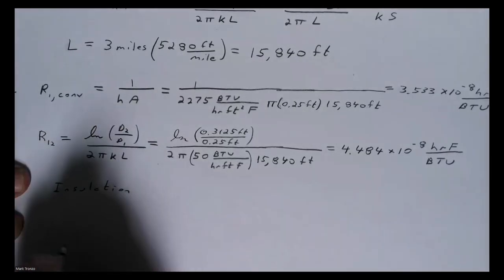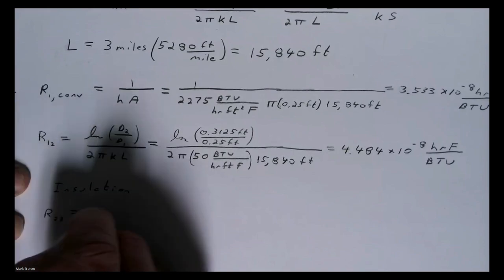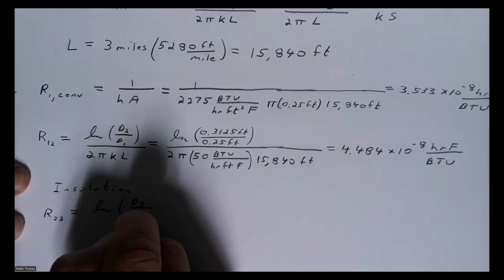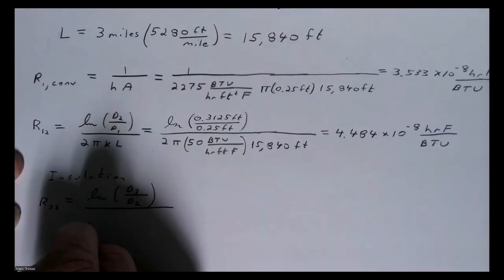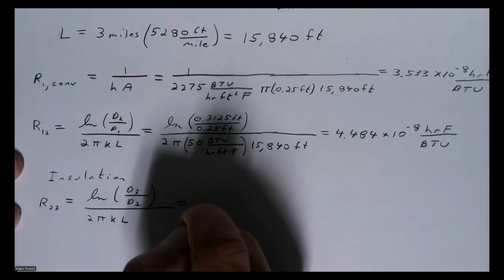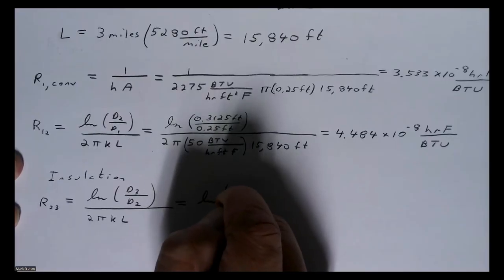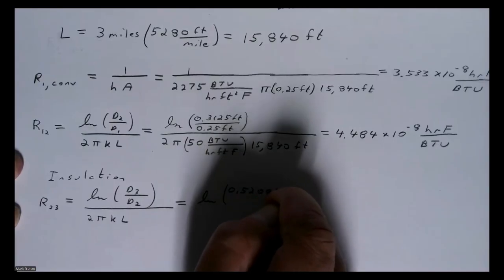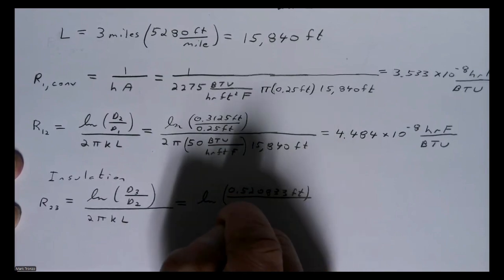That's going to be between diameter 2 and 3, so I'll just call it 2, 3. And diameter 3 was 0.520833 feet. Probably don't need all those digits.